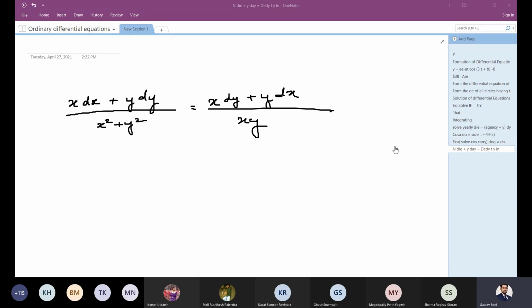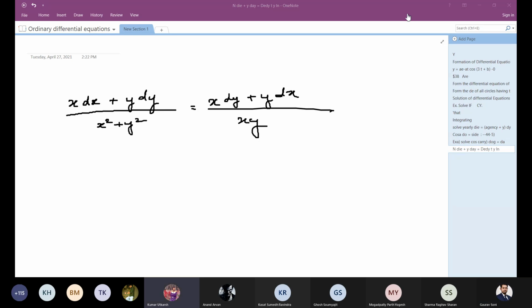Like Prasad, he got into it: x equal to cos theta, y equal to sin theta. So you can just prove it, sir, x equal to cos theta and y equal to sin theta, 1 by 2. Just a minute, one by one. 1 by 2 is the solution. Why?